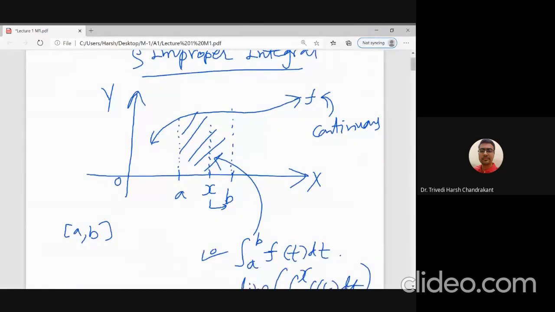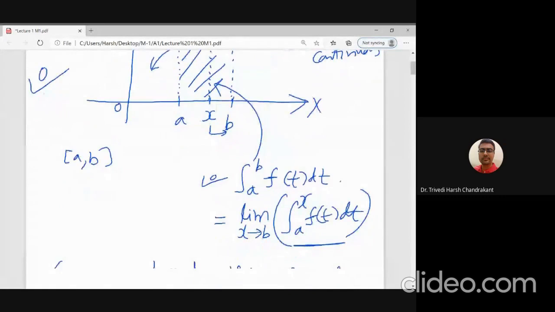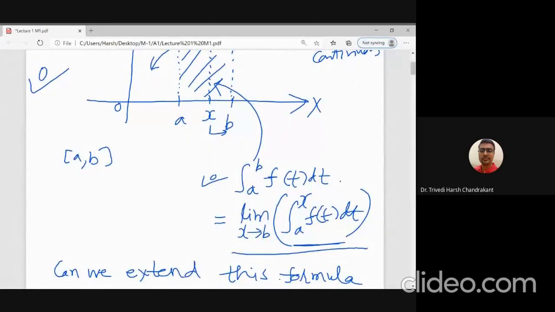So this particular area formula, we know that if we integrate a continuous function over a closed interval AB, then the area under this function f over the closed interval AB is exactly the integration a to b f(t) dt, and that we can write as a limit of the small interval a to x.